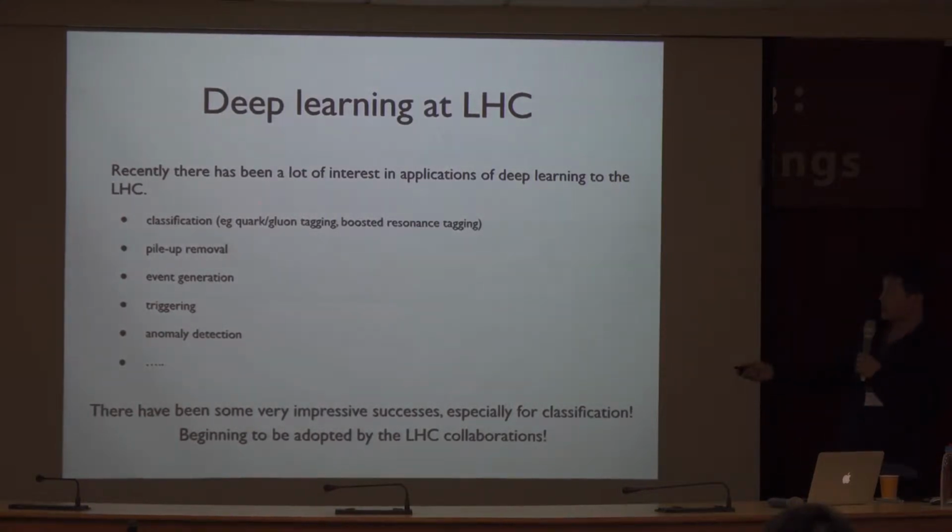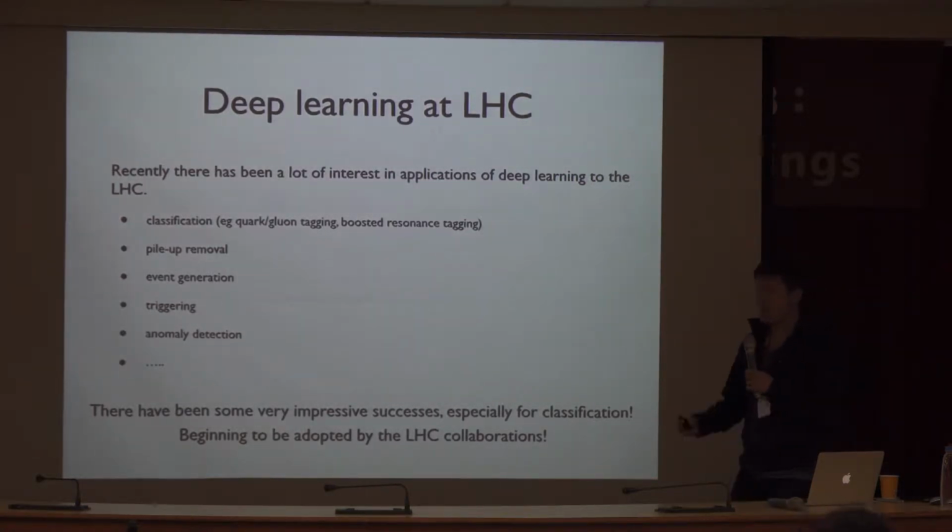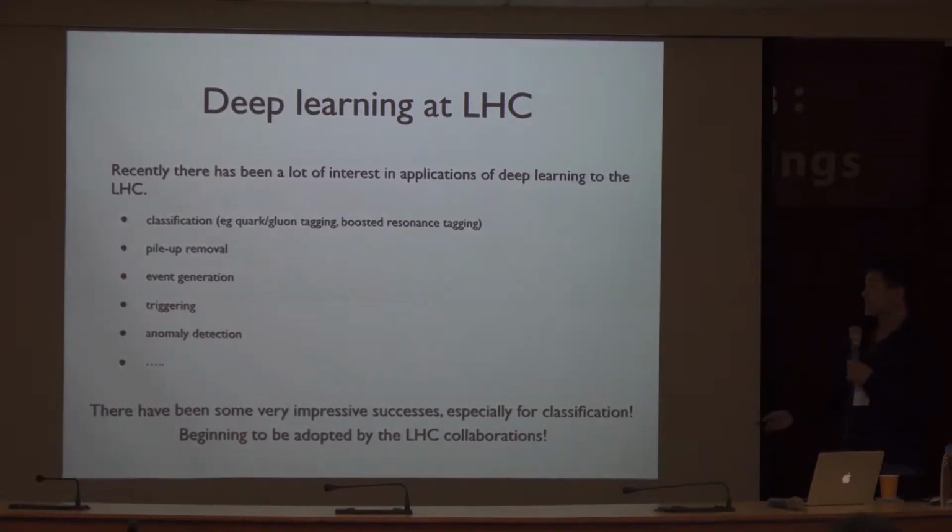Okay, so recently there's been a lot of interest in applications of deep learning to the LHC. Here's a list of some of them. You saw a much fancier, nicer looking presentation from Spencer with pretty pictures. So this is just a review of that. So we've used deep learning at the LHC to do simple classification tasks, such as tagging different kinds of particles relative to other kinds of particles. People have used it to remove pileup in a much more effective way than just simple cuts. And people have even used it to start to replace event generators or detector simulations.